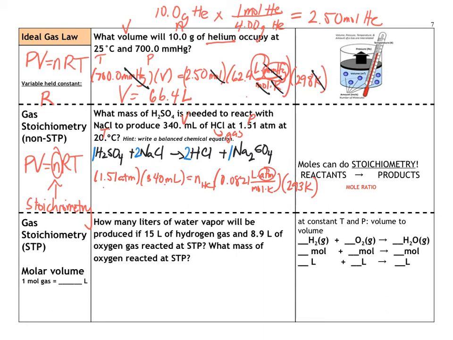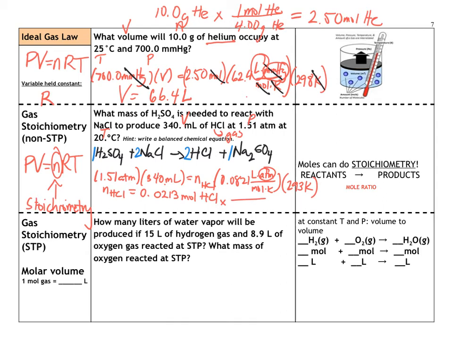Solving for our n, we get n of HCl equaling 0.0213 moles of HCl.